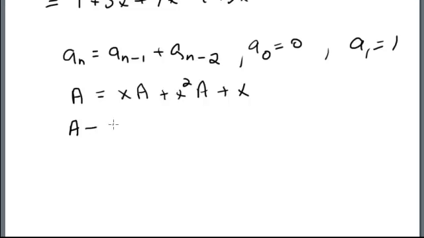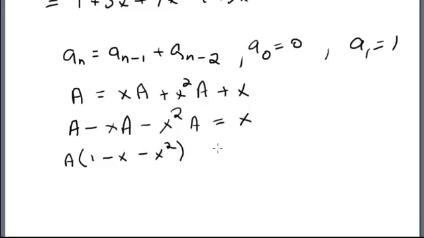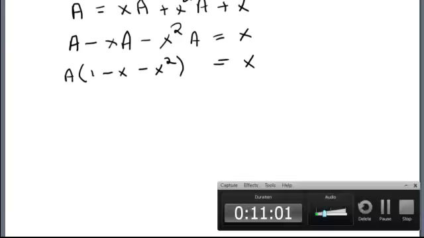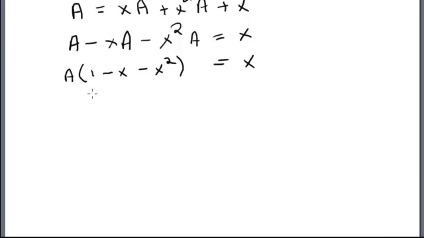So it's a minus x a minus x squared a is equal to x. Then I can distribute out this a, so I get a times (1 minus x minus x squared), and that's equal to x. Look at what we got so far. I have this sequence here, 1 minus x minus x squared, and it has a non-zero constant term.